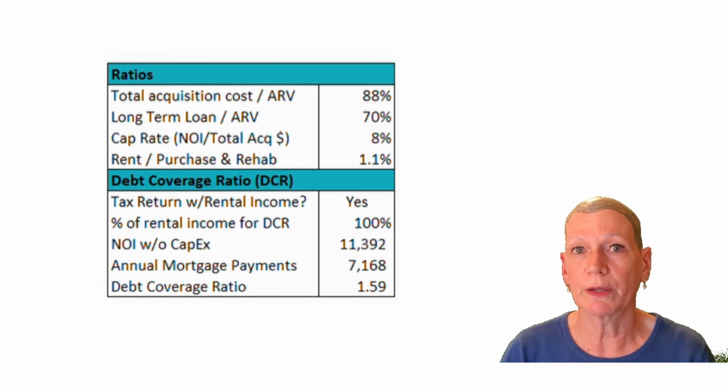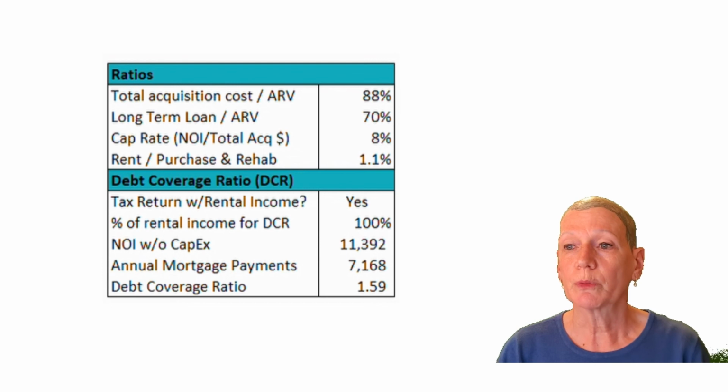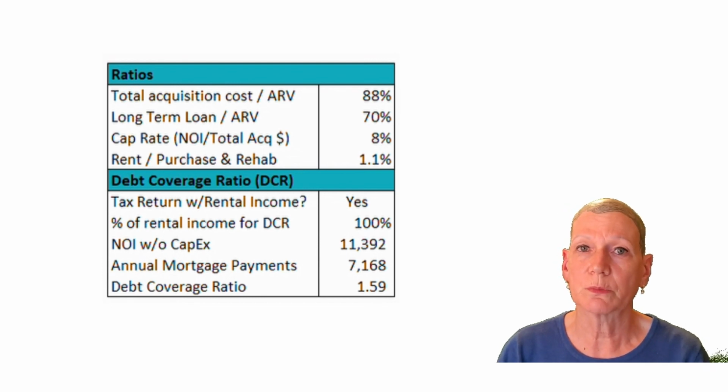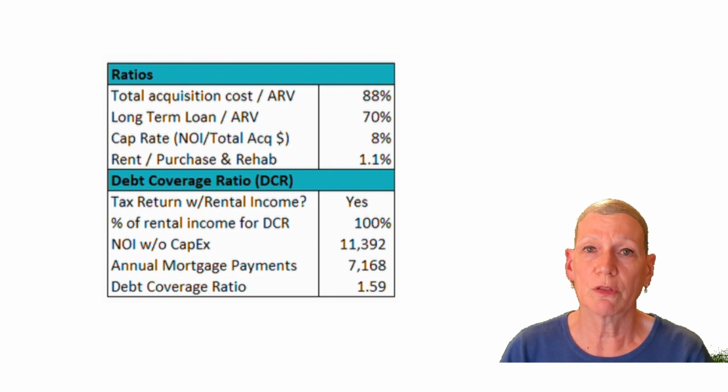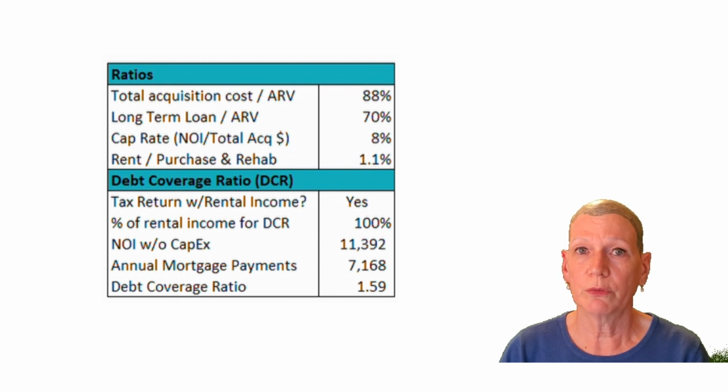But that's a number that you want to know when you're planning your long-term refinance and when you're analyzing a rental. So a really important aspect of this is whether or not you have a history as a landlord to be able to show to that long-term lender for your refinance. Because if you don't have rental income on your tax returns to be able to show them, then for them to be a little bit conservative on their lending practices, they may not want to account 100% of the rental income towards the debt coverage ratio.